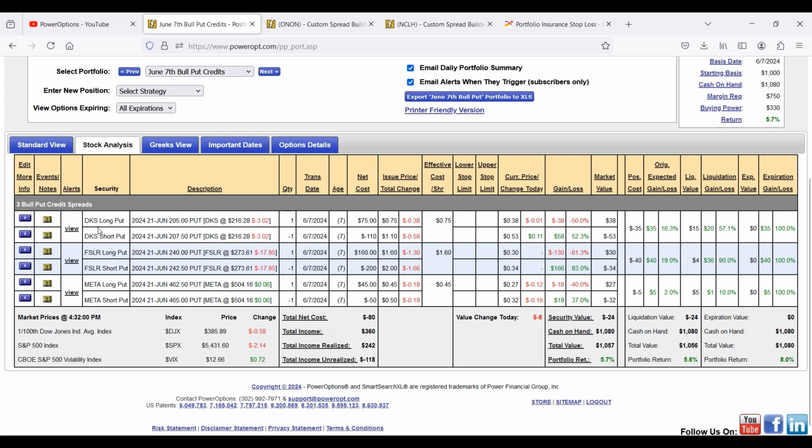We had DKS, which was trading at about 218 or 219 last Friday. The 207.50 put for about 1.10 and the 205 put for 75 cents gave us a net credit of 35 cents. 16.3% return on the position.